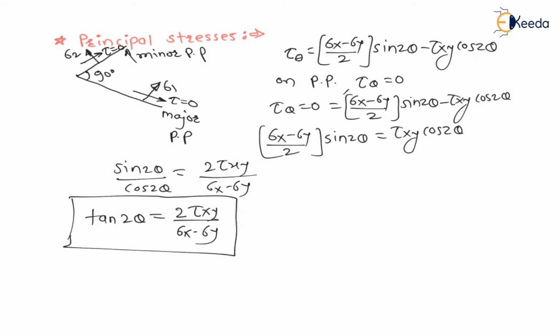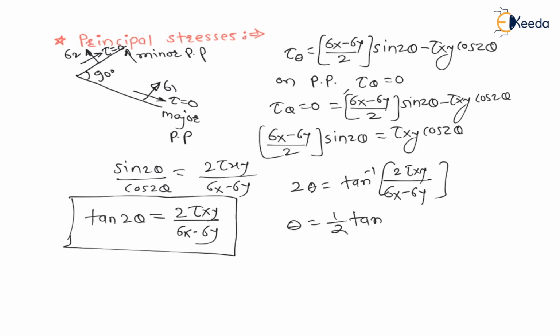Now, simplify this formula. Therefore, 2 theta is equal to tan inverse of 2 tau xy divided by (sigma x minus sigma y). Therefore, theta is equal to 1/2 tan inverse of 2 tau xy divided by (sigma x minus sigma y).